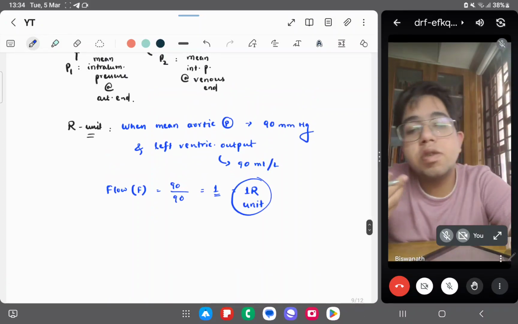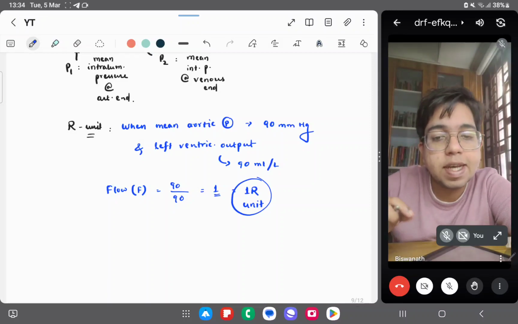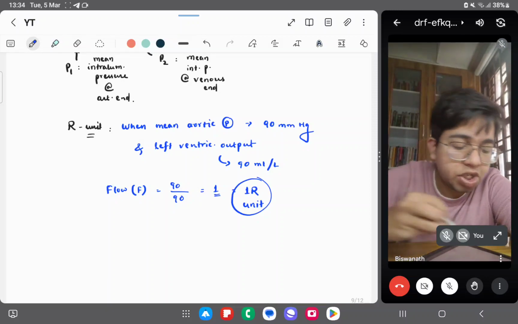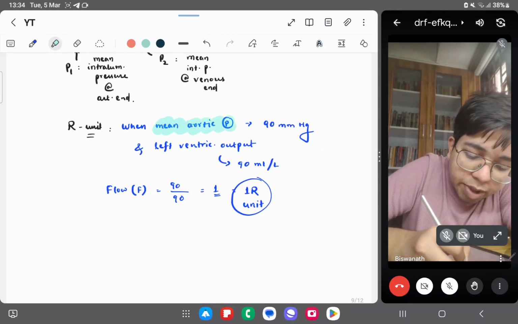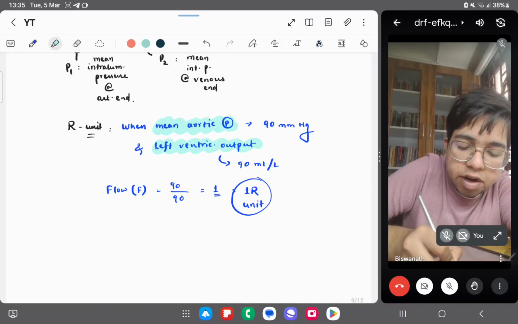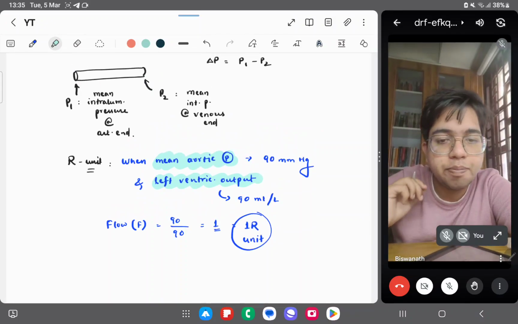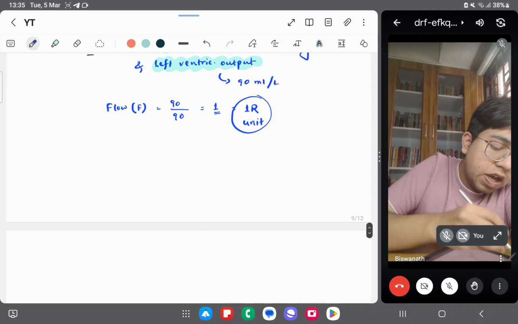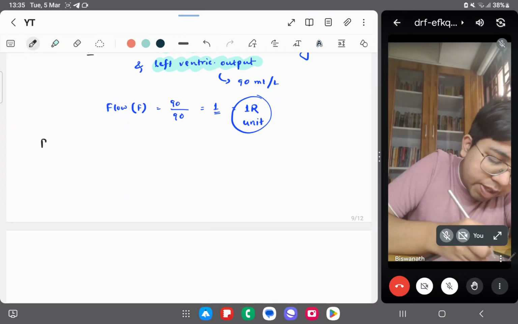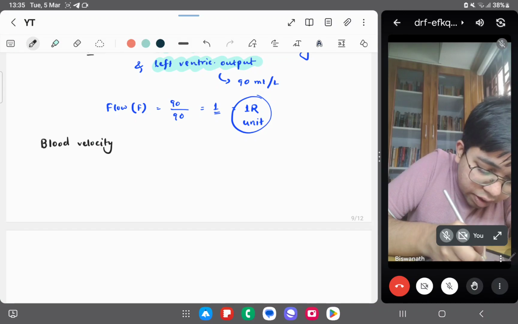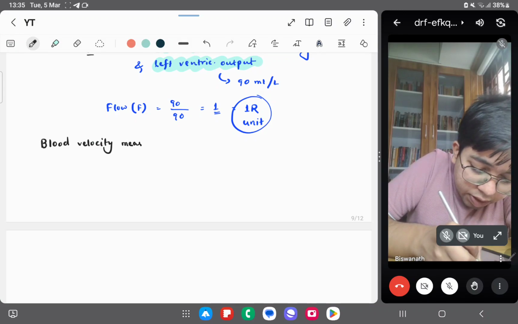As in physics, you describe the standard units. Likewise, we describe the R unit in terms of your mean aortic pressure. We take the help of the mean aortic pressure and the left ventricular output in order to take out the R unit. After this, we'll discuss the blood velocity measurement, that is a flow measurement.